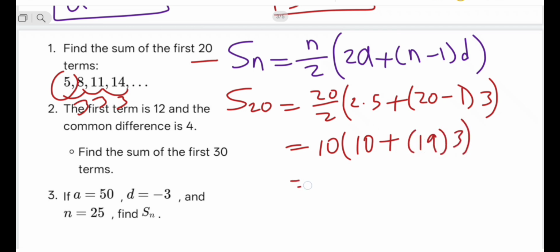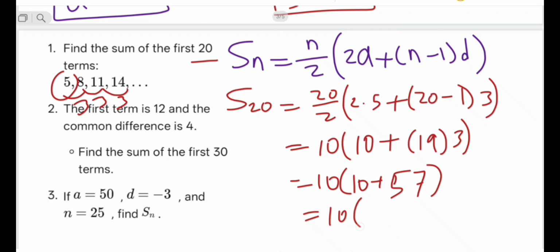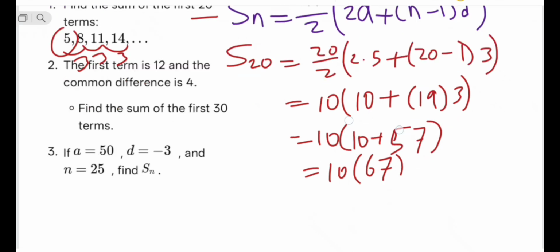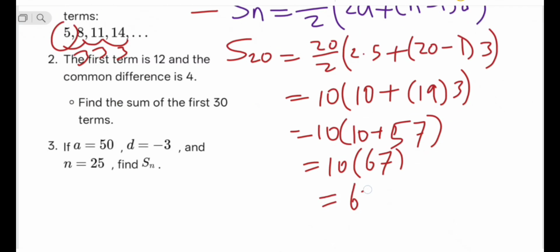Multiply by 3. So 19 times 3 is 57. So 57 plus 10, which equals 67. 67 multiply 10 equals 670.